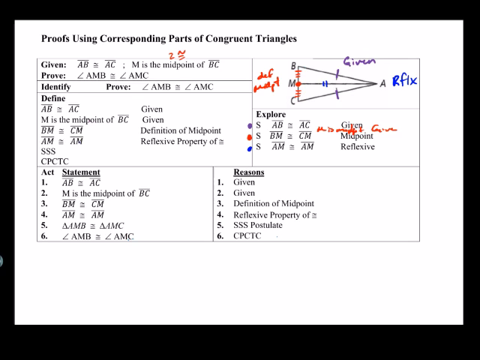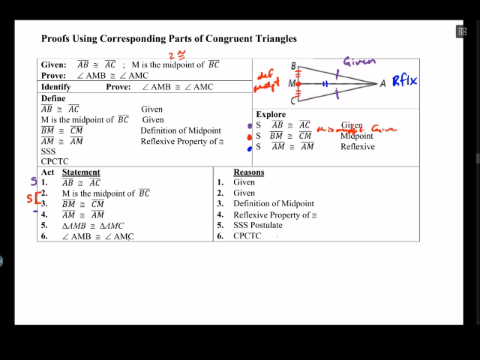So when we write our proof, we have our first side, which is given to us, and then our second side here requires two steps. We are given that M is the midpoint, and by definition of midpoint, we can make our segments congruent.